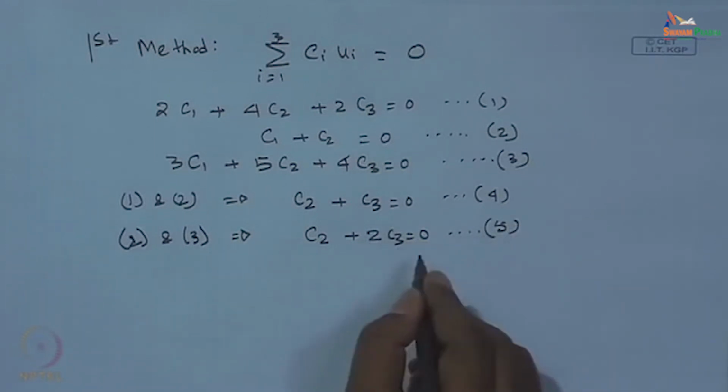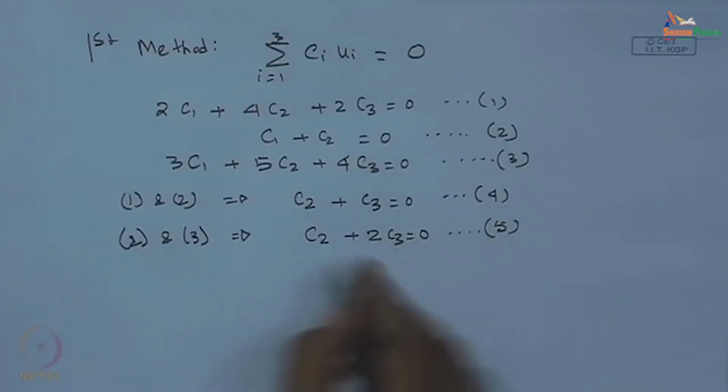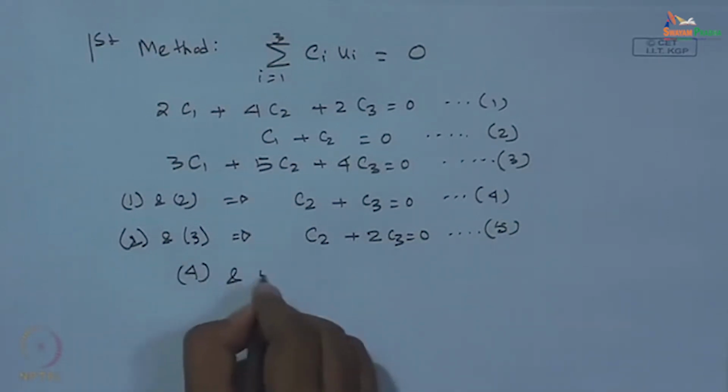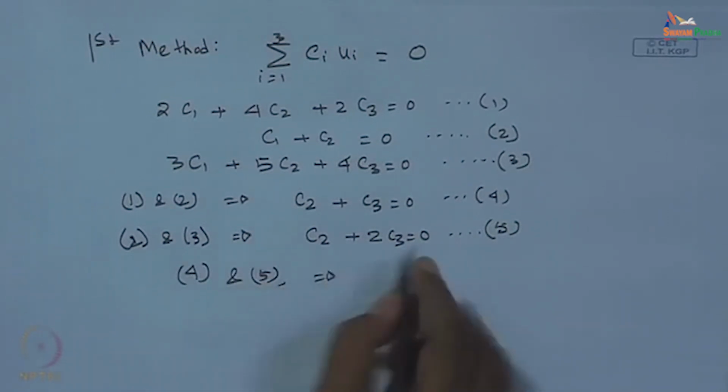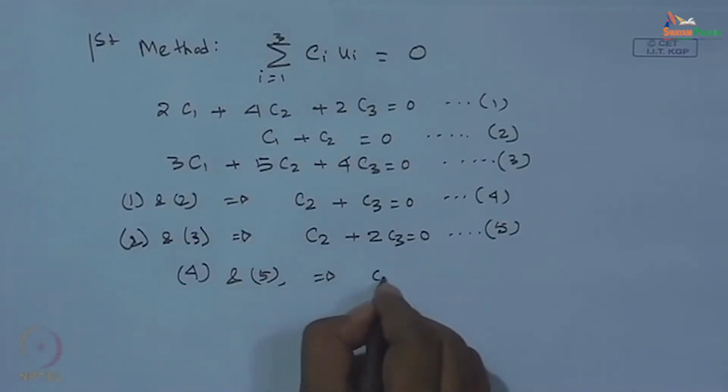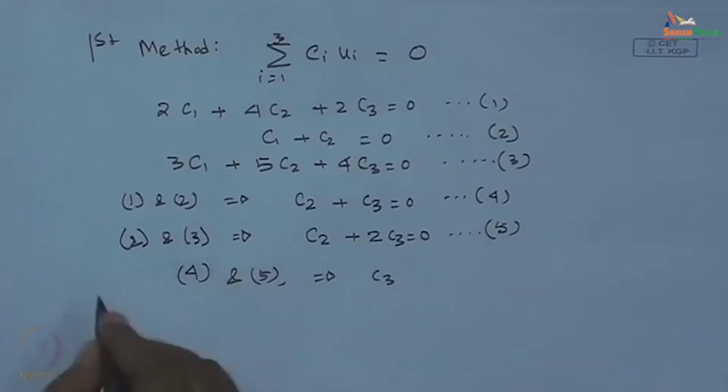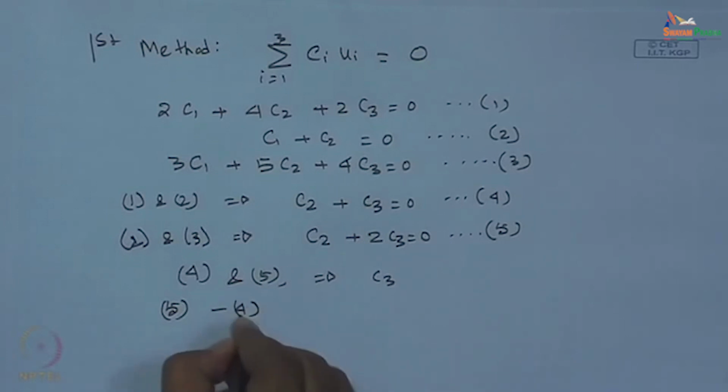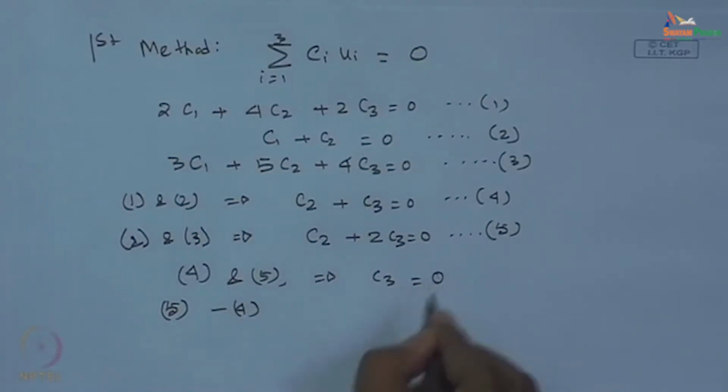Now, if you combine these two equations to solve for these two unknowns, from 4 and 5, we subtract 4 from 5, and you will get C3 equal to 0.